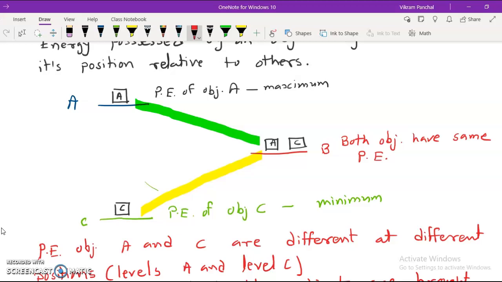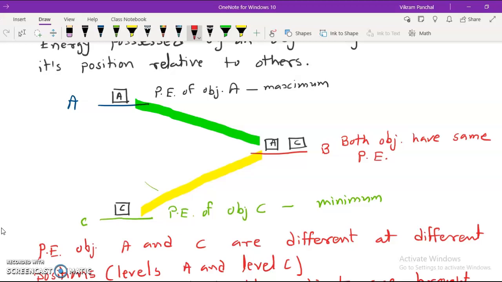Because level A was the highest. Similarly, object C is having less energy when it was at level C. When object C was brought to level B, then definitely the potential energy of object C increased with reference to level C. Why?